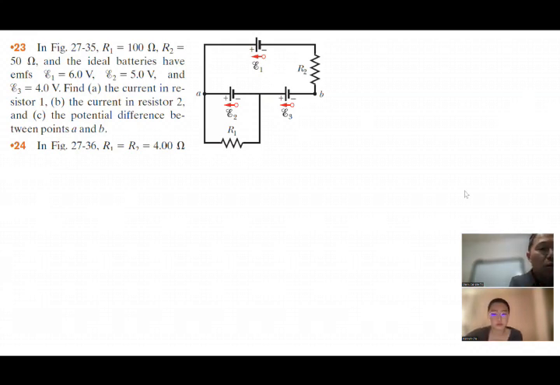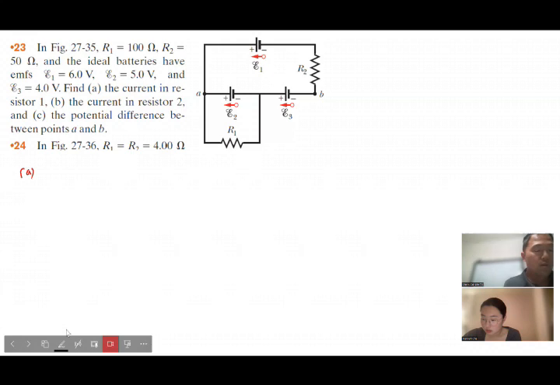So for number 1A, let me change the color. If you look at this, basically there's two loops, right? There's one loop in the bottom part of the circuit, and the second loop in the upper part of this circuit.